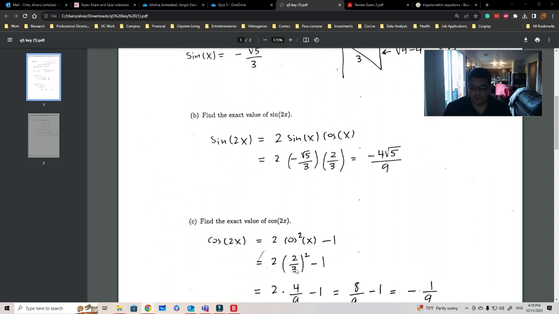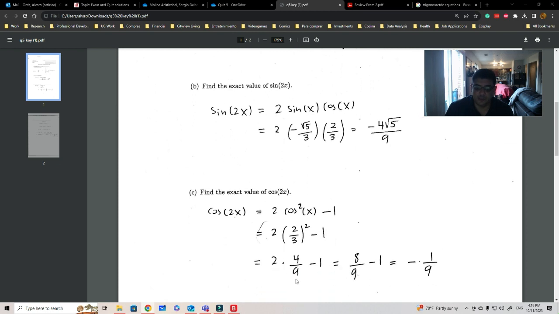We just plug in 2 over 3 squared. And coming from the identity 2 cosine squared minus 1, the setup ends up being 2 times (2 over 3) squared minus 1. And then this is 2 times 4 over 9 minus 1, or 8 over 9 minus 1. And 1 can be seen as 9 over 9. So this is just going to be 8 over 9 minus 9 over 9, so minus 1 over 9.